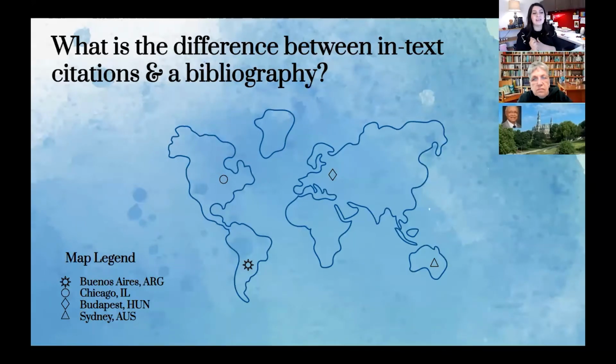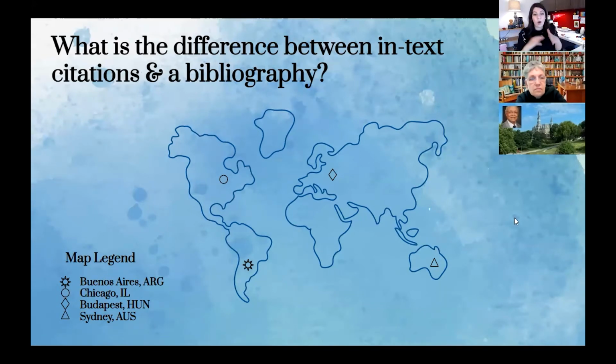So I like to illustrate it with a map here, okay? If we think about our bibliography and our in-text citations, our bibliography is this map legend right here. It's the list of all the places that are on this map. The in-text citations are the map itself with all of the symbols that correspond to the legend here, okay?